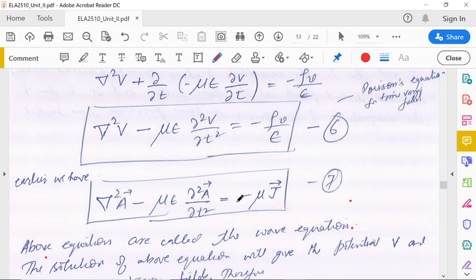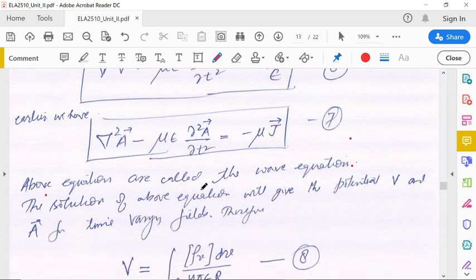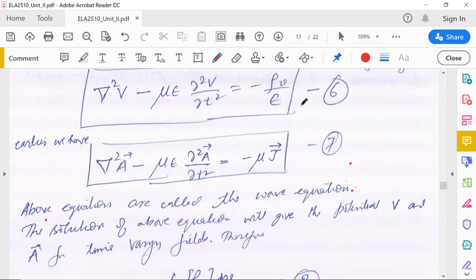So these are the time varying potentials now. With time, this potential may vary. These solutions will give us the expressions, and especially these two equations are called the wave equations. So why are they called the wave equations?